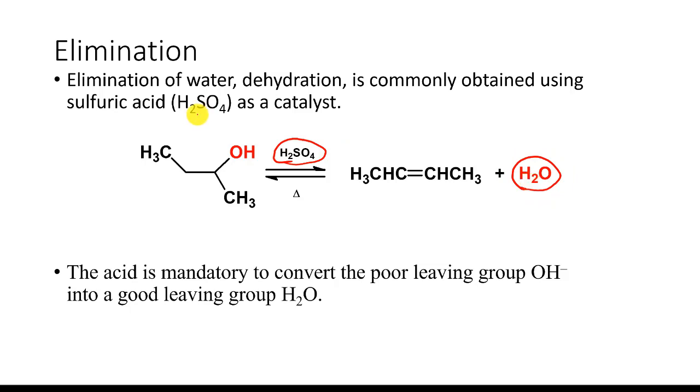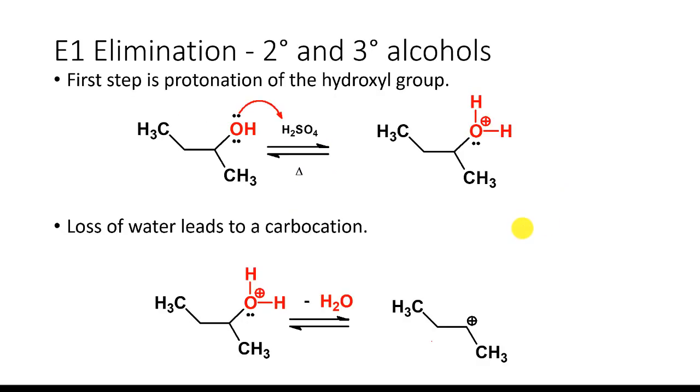The acid that's typically used for this kind of reaction is sulfuric acid, and it also requires heat to form the double bond. The mechanism is E1, just like it is for SN1, for secondary and tertiary alcohols.